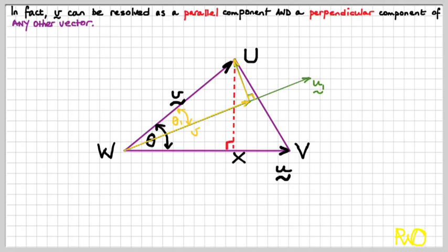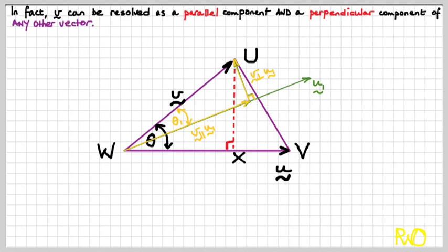You see those yellow ones? So what I've done is I've called that angle θ1, and this vector up here is the resolute of v, which is parallel to u1, and this one going up this way is the perpendicular resolute, the resolute of v, which is perpendicular to vector u1. Are you getting me? You can do it. It doesn't matter which way u's pointing, you can still do it.